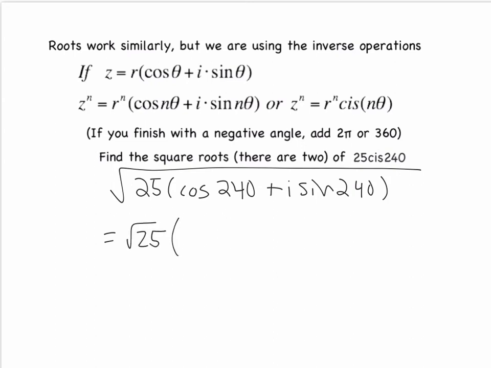But then I'm going to take the cosine of, in this case, 240 divided by 2. And just a reminder, the reason we're dividing by 2 is because we're doing a square root, a second root. If you were doing the cube root, you would have to divide by 3. If you were doing the fourth root, you would have to divide by 4. But here we're doing square root, so we will divide by 2.